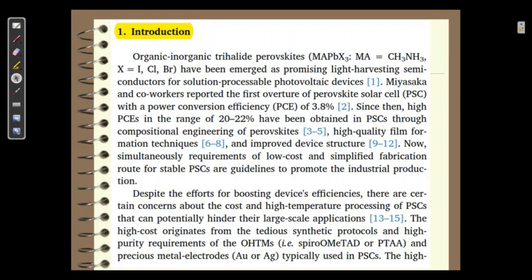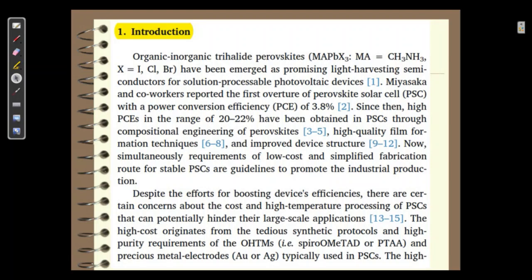These sentences show what we already have in this field. The first paragraph is just showing the basic background of perovskite solar cells and the efficiency in this specific area of research.